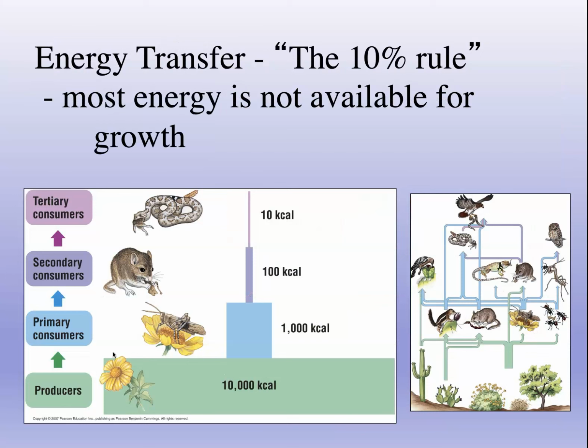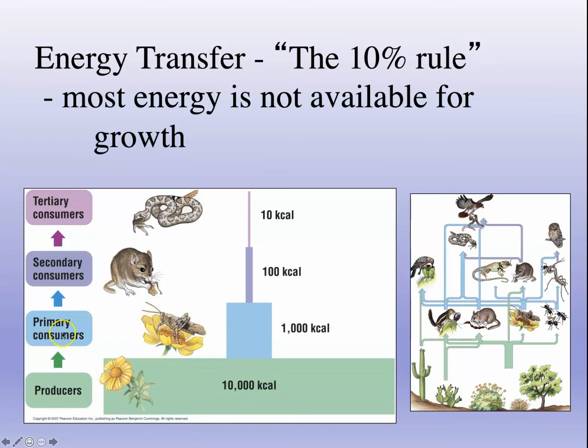An interesting thing to note and to remember for an exam is the 10% rule. It's a rule with many exceptions, but basically what it says is that the mass of material you get on any one trophic level is only 10% of the mass, and therefore the energy that was required to build it, from the prior trophic level.